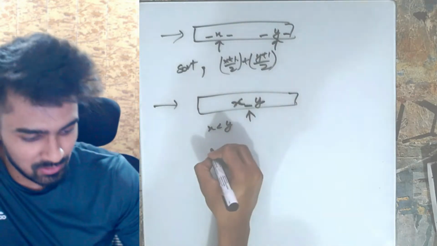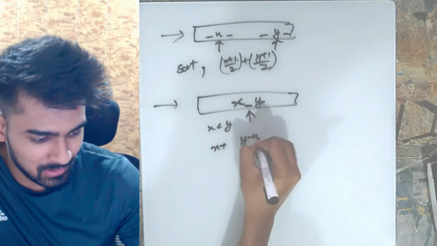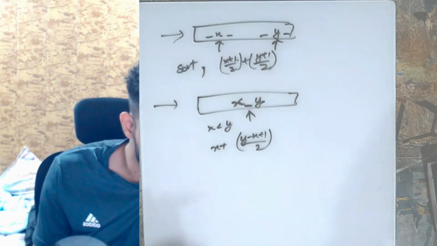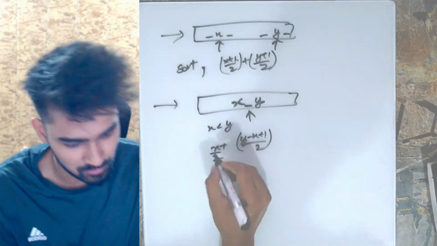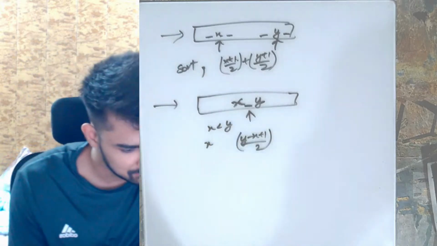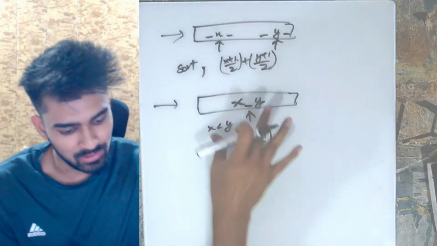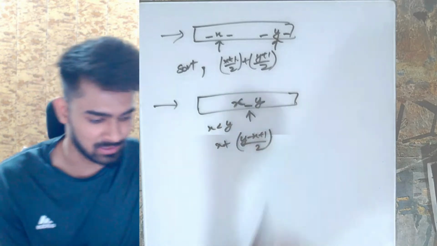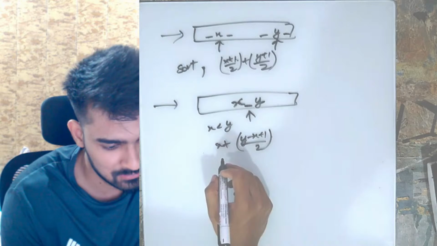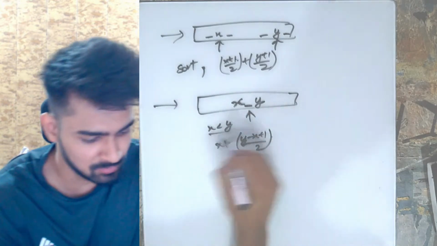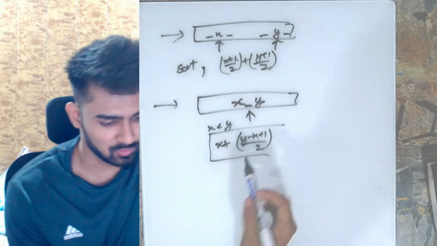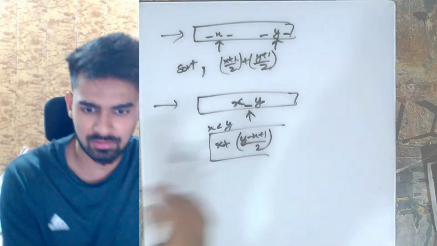Then your answer will be x plus y minus x plus 1 by 2. No, it should be x by 2. One case would be x plus y minus x plus 1 by 2. The other case would be already covered. Yeah, this should be the case. So x plus y minus x plus 1 by, just a second.